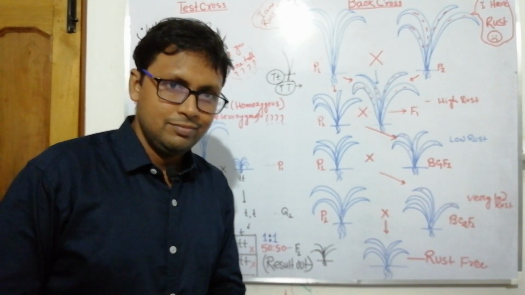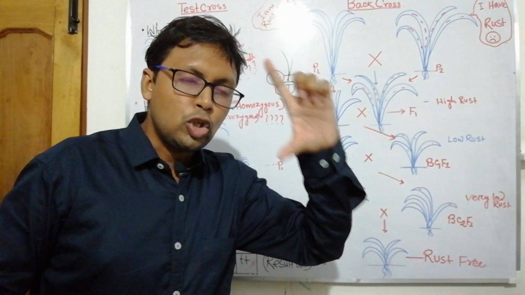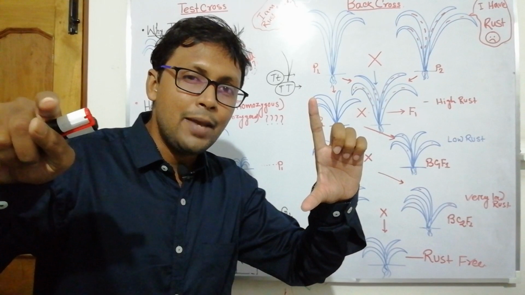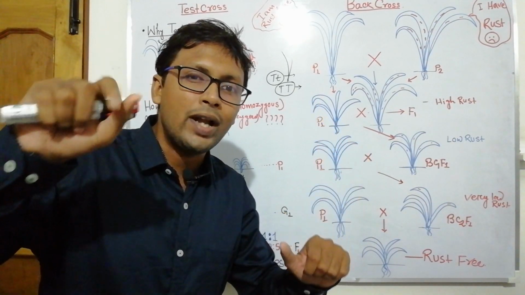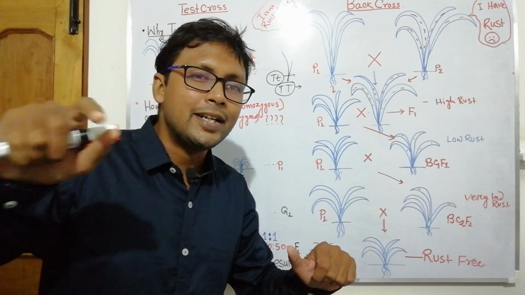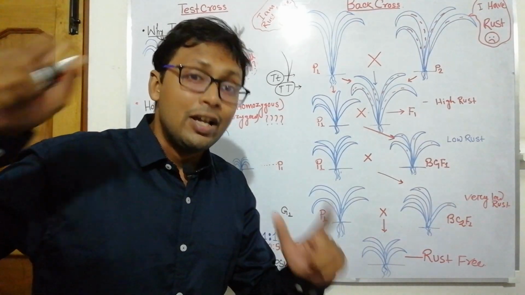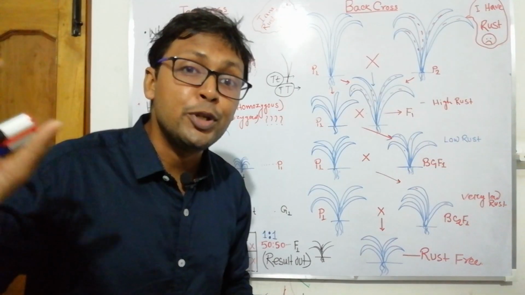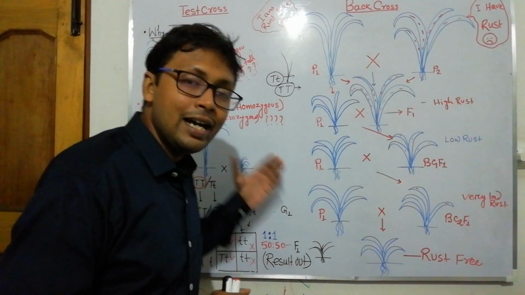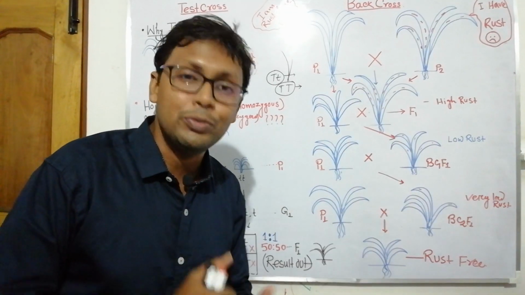So when a tall plant is crossed with a pure short plant and the phenotypic ratio is 1:1 and the genotypic ratio is 1:1, then the tall plant is not pure tall, it is hybrid, that is heterozygous, not homozygous.